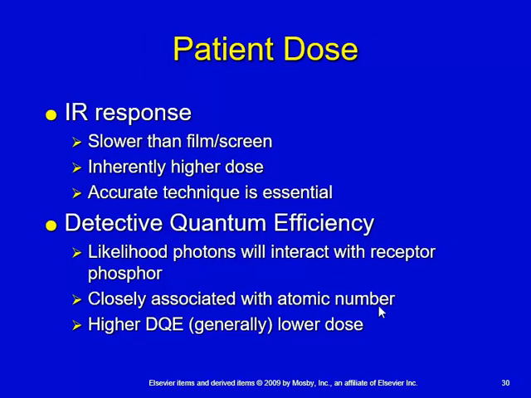If atomic number got too big, then our binding energies may cause our electrons to be bound tighter than our average X-ray beam energy. So we want adequately high DQE, but we don't want the DQE or the atomic number to be so high that those electrons won't be ejected whenever they're interacted on by photons.